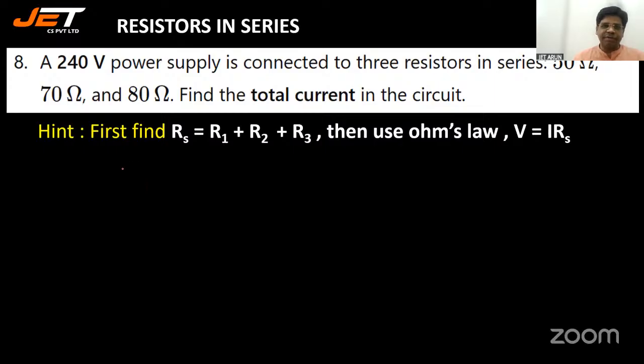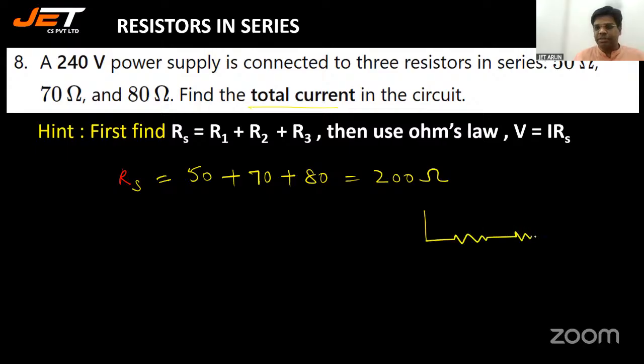So here I've got R effective to be 50 plus 70 plus 80, which is nothing but 200 ohms. But what do I want? I want the total current. How do I get the current? Now these three resistors, 50 ohms, 70 ohms, 80 ohms, are connected to a 240-volt power supply.